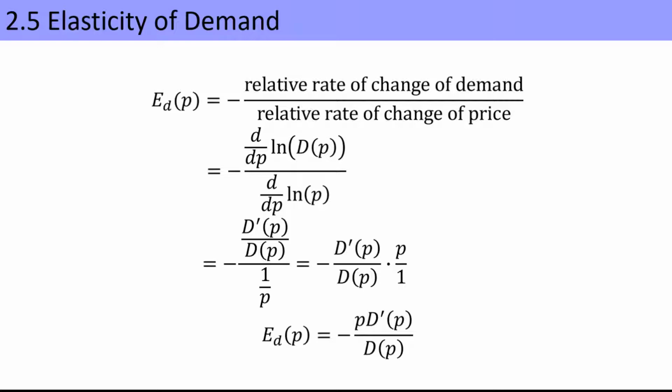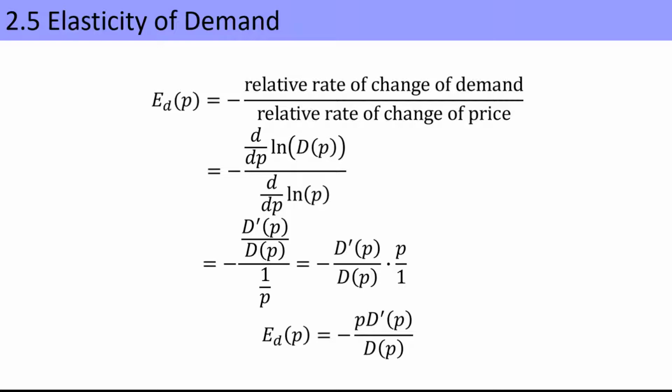Let's set that equal to the derivative with respect to p of the natural log of D of p, which is D prime of p divided by D of p, and in the denominator, the derivative with respect to p of the natural log of p is 1 over p.